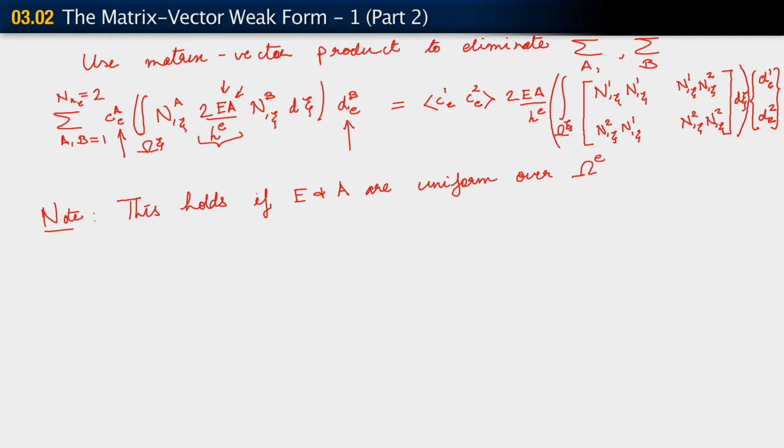So for the specific element e that we are writing out this integral, if it holds that the modulus and the area are uniform, we can pull them out of the integration sign, which is what we've done here. h^e, of course, is just the length of the element, and so that's constant. In the general case, the E and A would still be within that integral, and we would have written them as functions of xi through x. But let's look at this simpler case just for the purpose of brevity and getting to something that we can actually integrate.